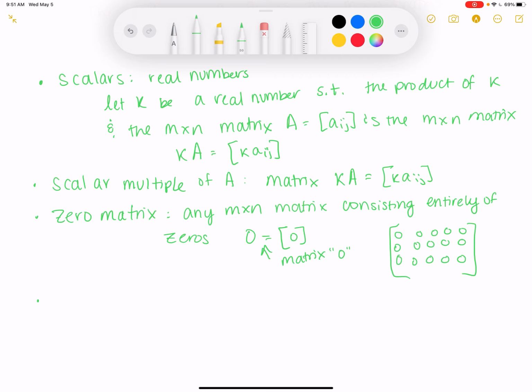And then much like regular algebra, we have an additive identity for matrices.